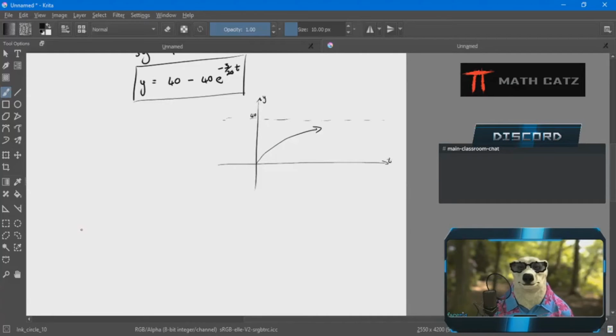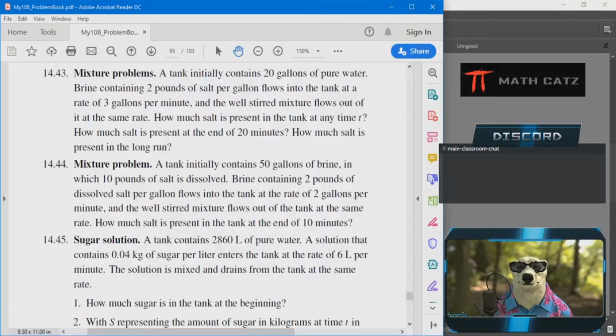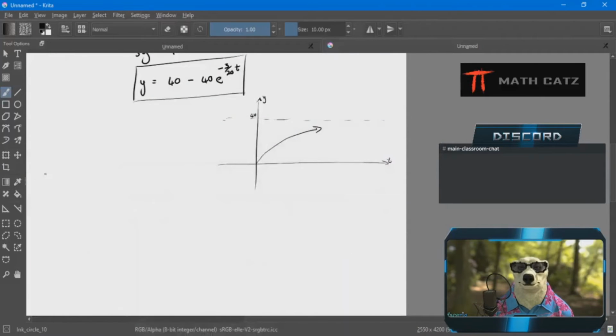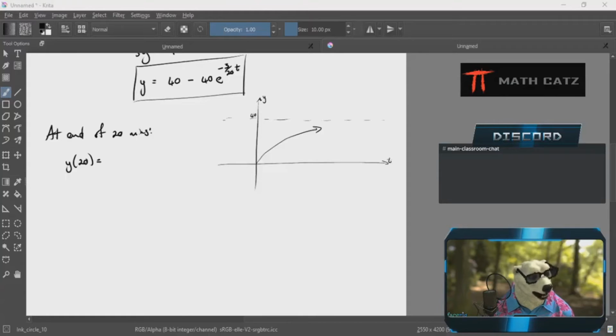Now we can answer different questions here. Let's say how much salt is present in the tank at time t. Okay, fine, we've done that already. How much salt is present at the end of 20 minutes? So at the end of 20 minutes, we simply have 20 for t, and we calculate it. There's not much to it. Let's get that done.